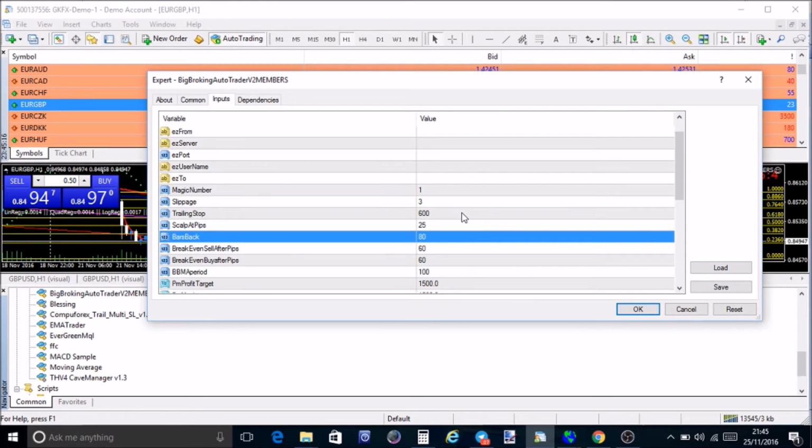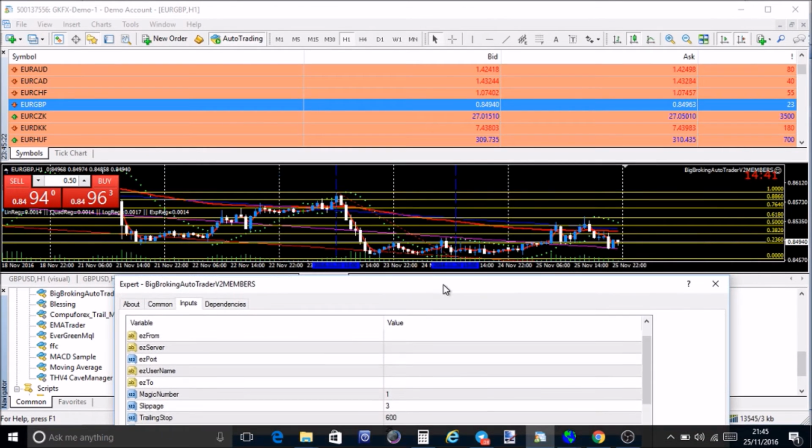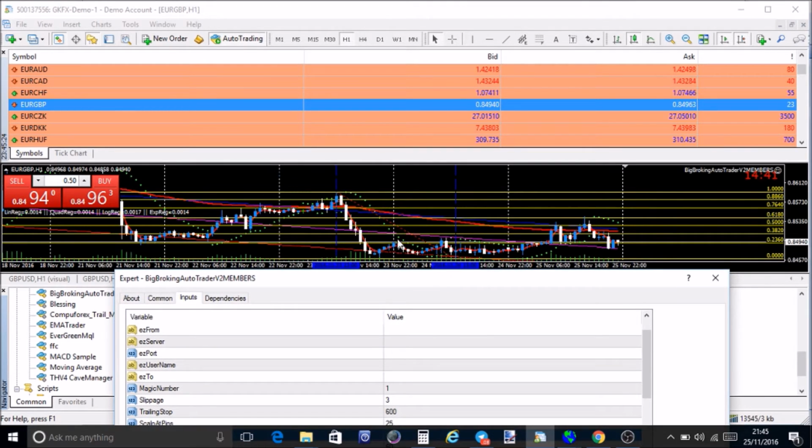Bars back, leave this at the default at 80, but you can adjust this if you're finding more or less success. What I would say is, just looking in the background here, this is scanning back 80 bars to draw your Fibonacci scale. So depending what you're comfortable with, let's just say you like your own trading strategy better than ours as an example.